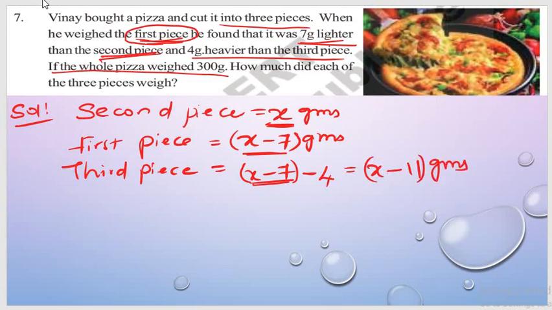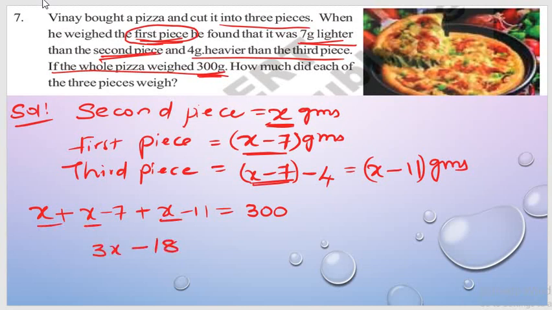Now these are nothing but the weights of the 3 pieces, and he has given that the total pizza weighs 300 grams. That means adding all 3, x plus x minus 7 plus x minus 11 is equal to 300 grams. x plus x plus x is 3x, minus 7 minus 11 is minus 18, equal to 300. So 3x minus 18 is equal to 300.